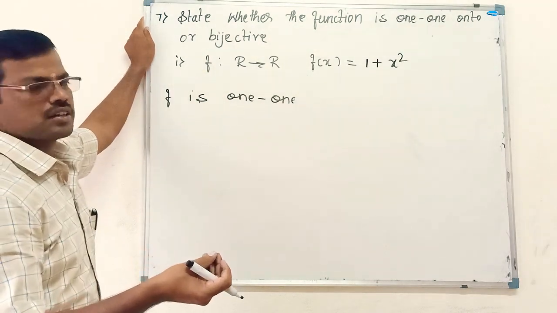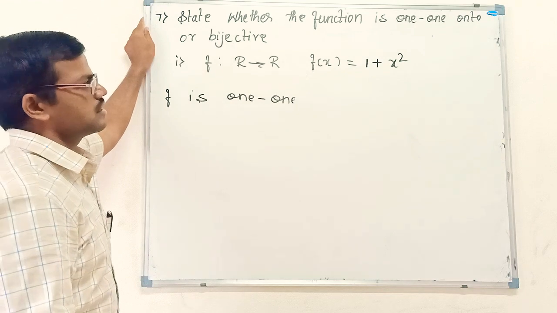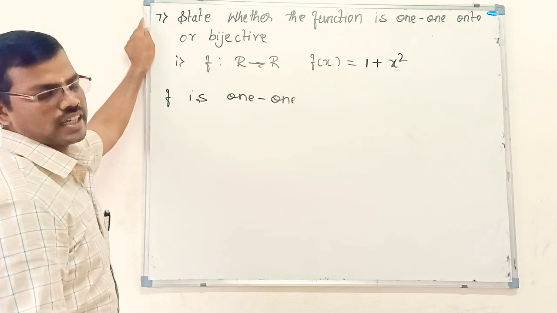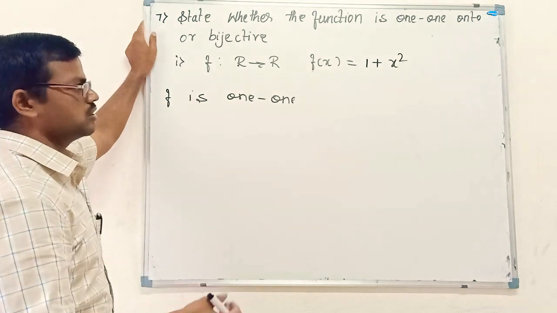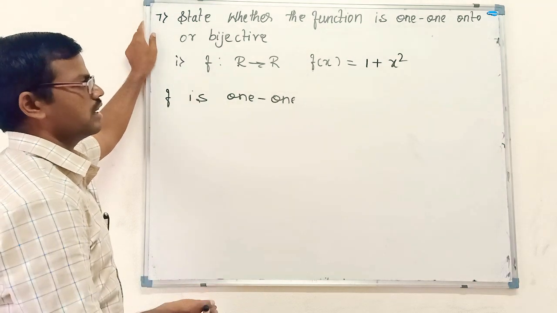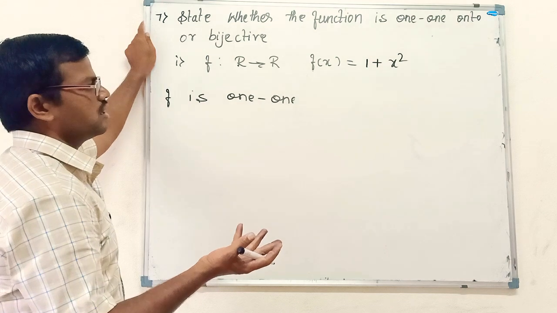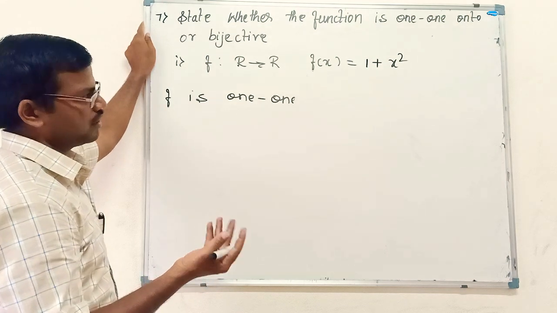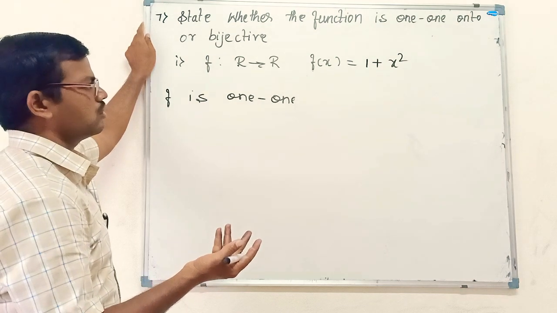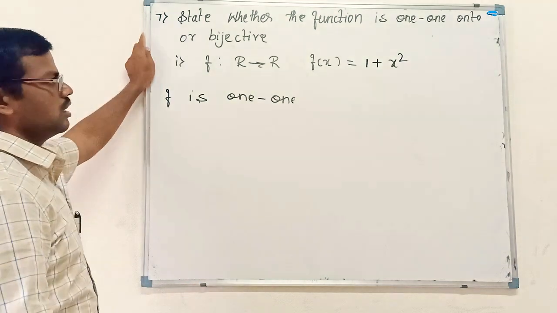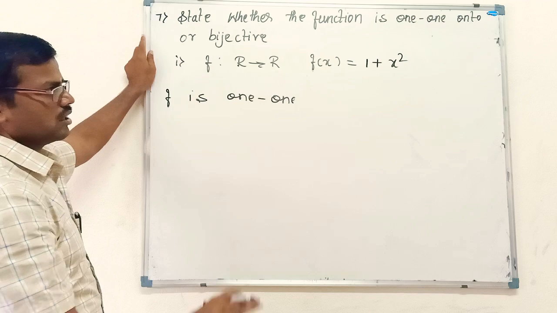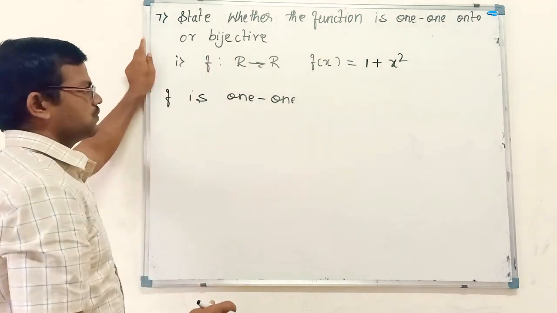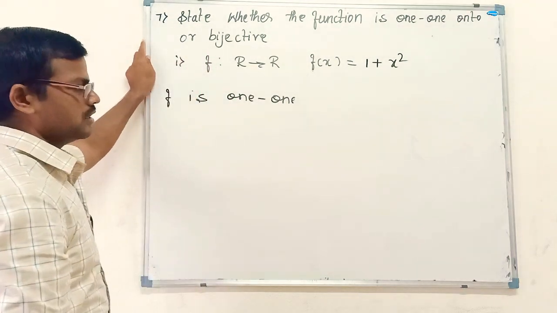If they are different, then we can say that it is a 1-1 function. Next, for onto function, two definitions are there. We can easily find out the range, or if the range of the function is equal to the codomain, then it becomes an onto function. Otherwise, not. If both 1-1 and onto, then it will become bijective. If any one is not satisfied, then it will not become a bijective function.